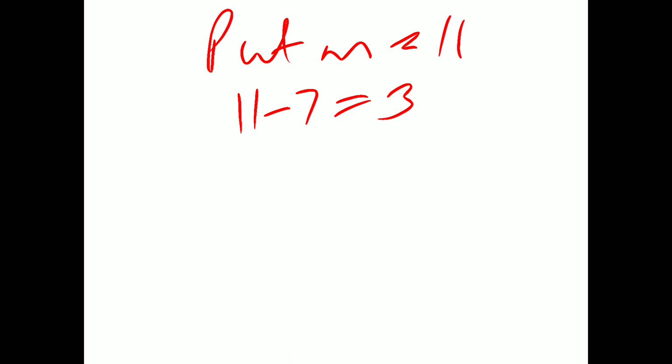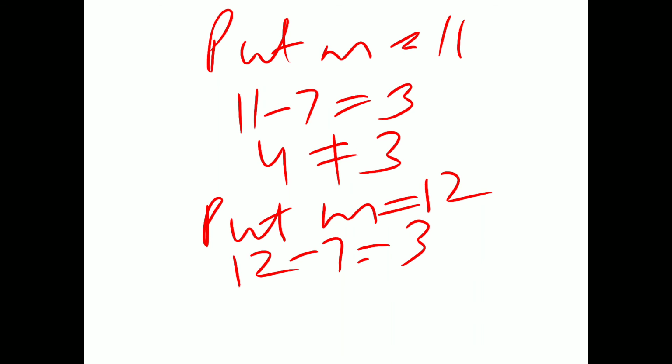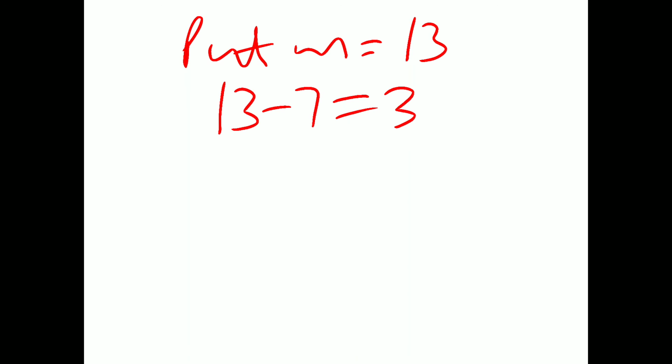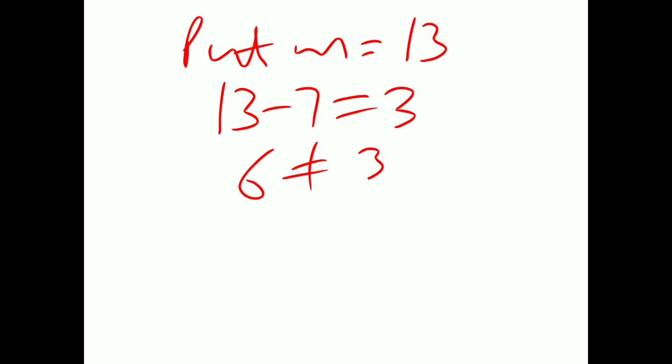Now put m is equals to 11. 11 minus 7 should be equals to 3. 4 is not equals to 3. Put m is equals to 12. 12 minus 7 should be equals to 3. 5 is not equals to 3. Put m is equals to 13. 13 minus 7 should be equals to 3. 6 is not equals to 3.